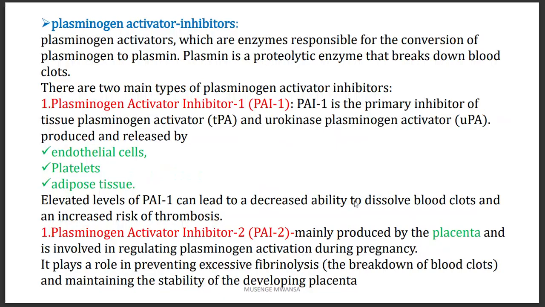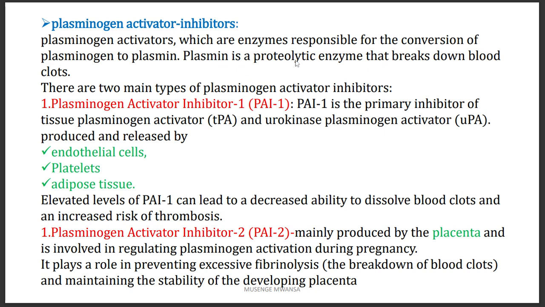Okay. Now we've talked about all of these activators of plasminogen to plasmin. These same activators which convert plasminogen to plasmin, you can inhibit them by what we call plasminogen activator inhibitors. So what these inhibitors do is that they are going to prevent the conversion of plasminogen to plasmin. Okay, so that is basically what happens in here.